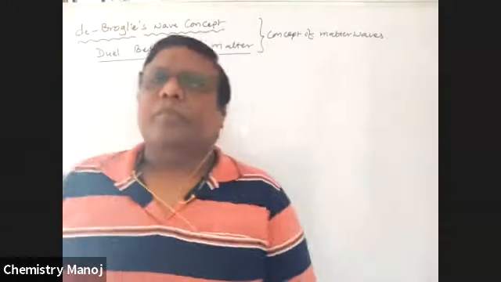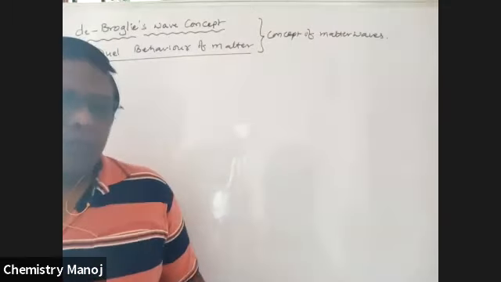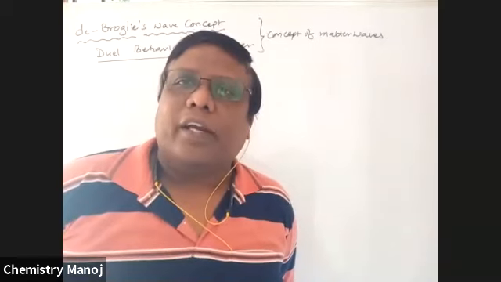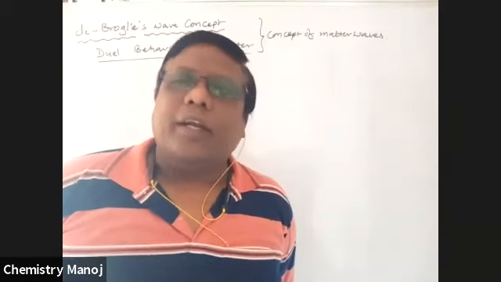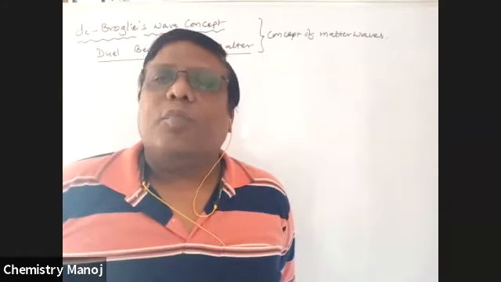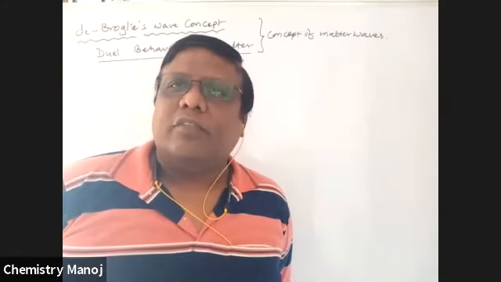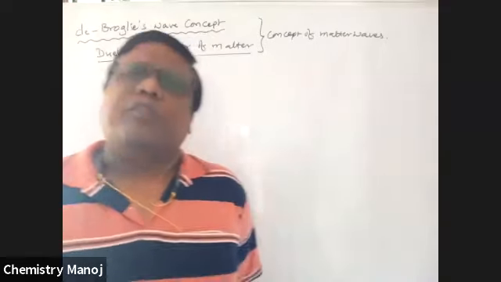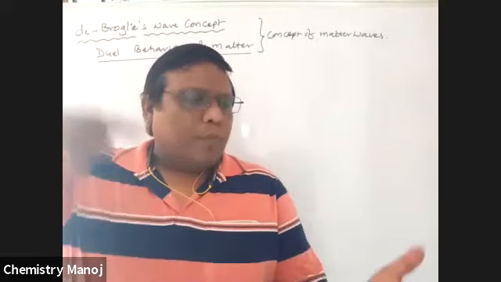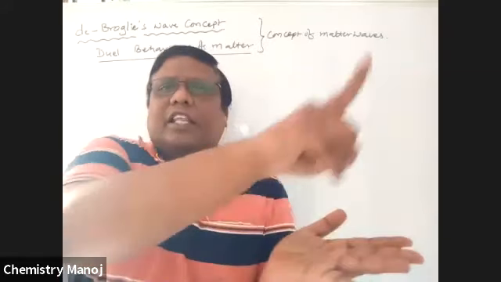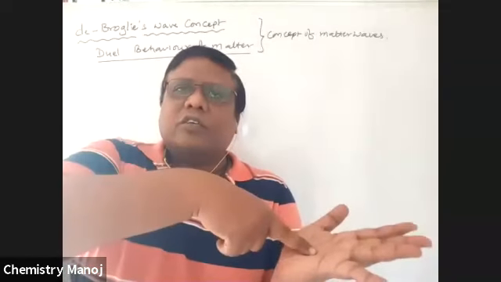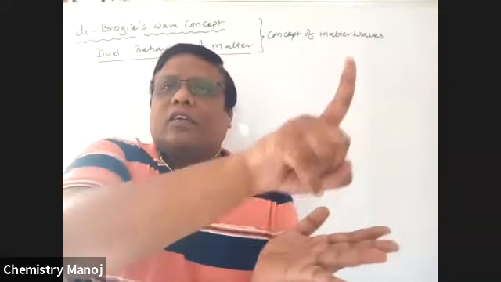What is this theory? Before this, we already completed electromagnetic radiation. Electromagnetic radiation is propagated in the form of waves. It has both particle nature and wave nature. The particle nature of light is explained on the basis of the photoelectric effect. How? When light is incident on a metal surface, an electron is ejected.